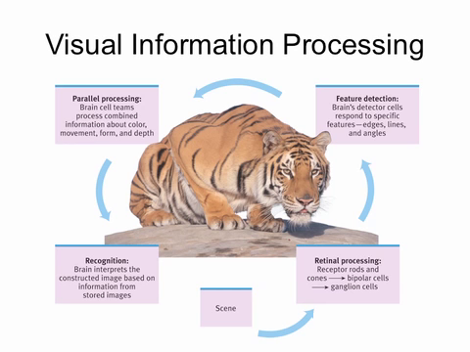So that's the basics on how the eye works and how vision is processed and sent to the brain. Looking at the tiger in the center of our graph, you start at the bottom. There's the scene. Here's what's going on in the retina: our rods and cones are sending the information to the bipolar cells, which send it to the ganglion cells, which send it to the brain, and those special feature detector cells are going to respond to specific elements: the color, the shading of the tiger, the position of the tiger, the lines, the angles.